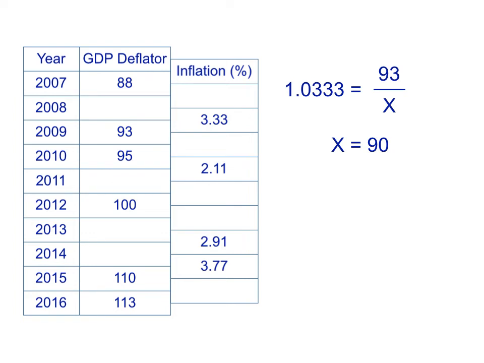And 93 divided by the 2008 number, which I've labeled as X, should give me a value of 1.0333. So what I've done is I've taken that percentage increase of 3.33 and I've converted it into a factor increase of 1.033. This means that I find out that X is going to be 90.